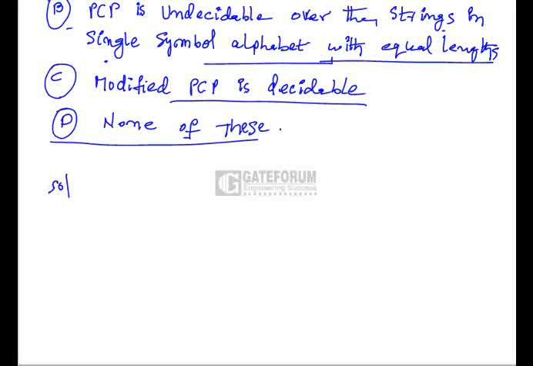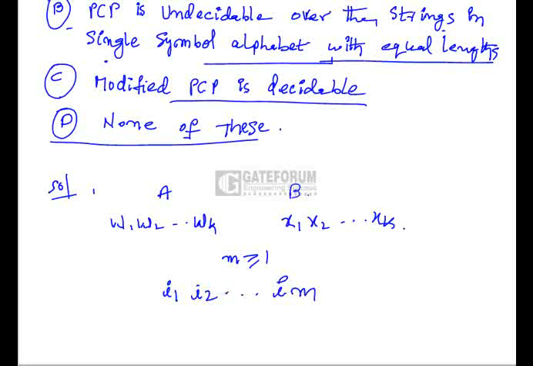So here, PCP has a definition. PCP means if you take two lists of strings, list A and list B, where list A contains the strings W1, W2 and so on up to WK, and list B contains the strings X1, X2 and so on up to XK, then for any integer m greater than or equal to 1, you try to find integers i1, i2 and so on up to im such that Wi1, Wi2 and so on Wim must be equal to Xi1, Xi2, and so on Xim.